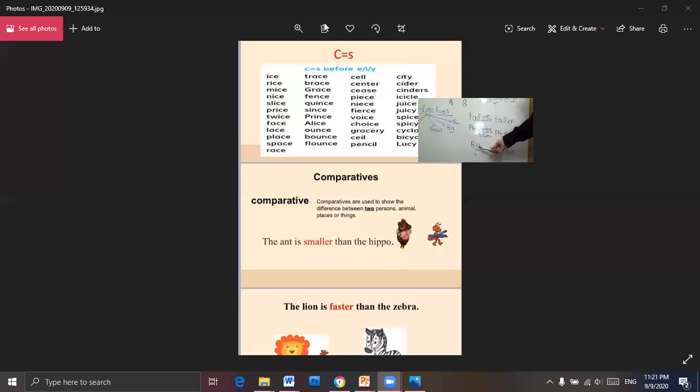We put two of the consonant, for example, bigger. We double the G and then add ER. Like thin, another example of this rule. Thin, we double N and then add ER, like thinner.